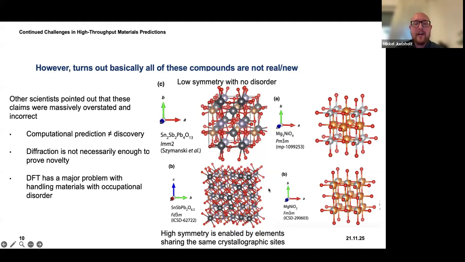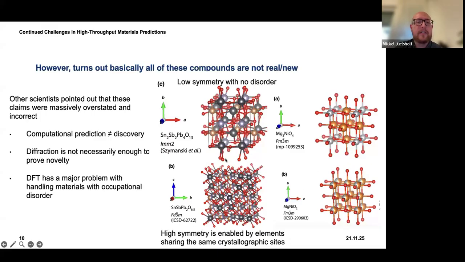Therefore DFT has a tendency to, instead of predicting high symmetry materials where the atoms share the same crystallographic site, split them over unique sites. The atoms are uniquely sitting on what DFT wants to say are unique crystallographic sites, but in reality, you can lower the symmetry quite substantially by having the atoms sharing the sites.